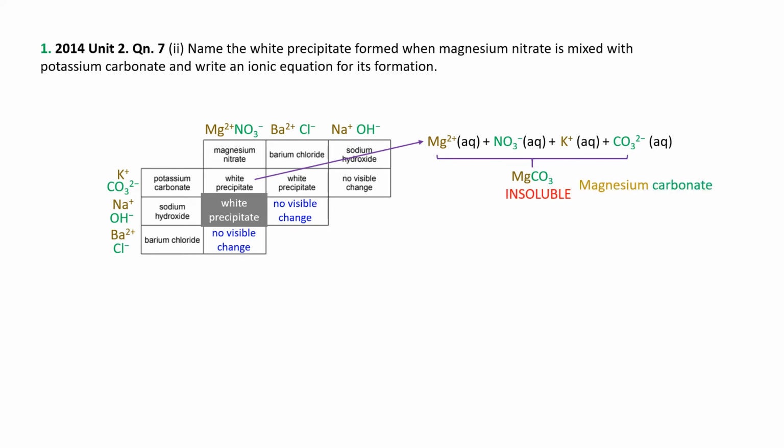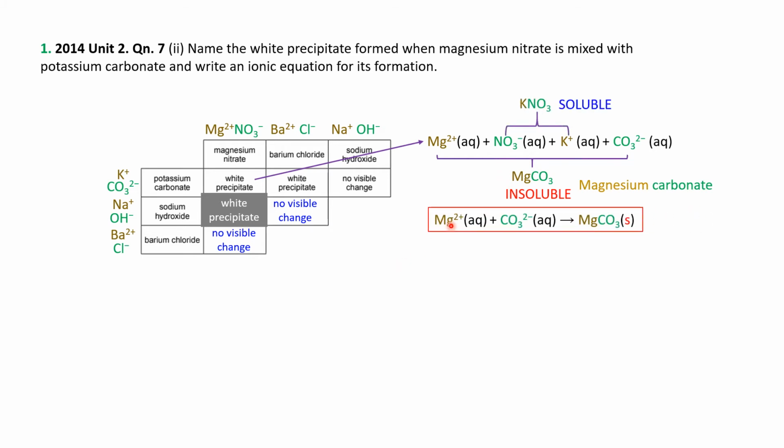And all carbonates are insoluble unless the cation is an alkali metal or ammonium. So therefore we have made magnesium carbonate solid by taking the magnesium ions plus the carbonate ions in aqueous solution going to magnesium carbonate solid.